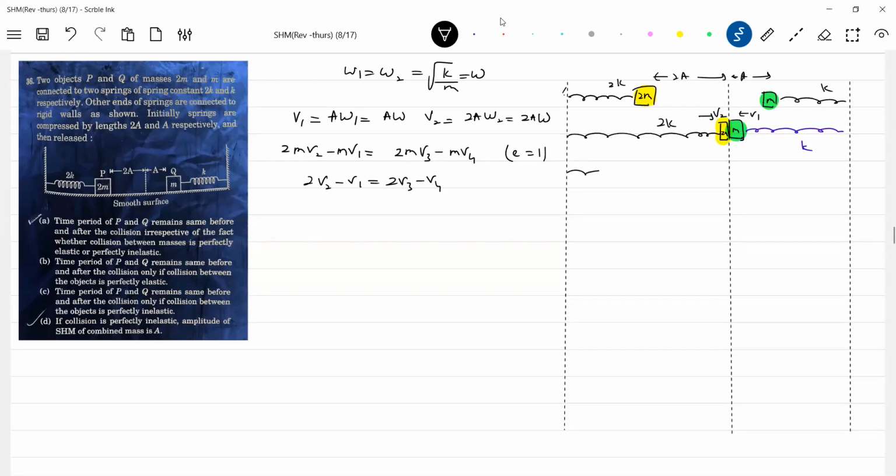So I'll assume that. Okay, these are the velocities I assumed. This will be V4 and this will be V3.